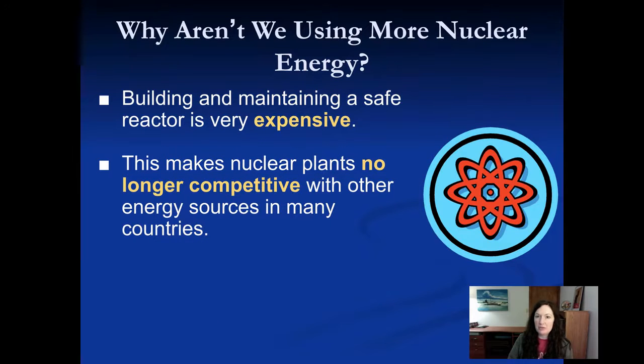So, why aren't we using more nuclear energy? The main reason is that building and maintaining safe reactors is very, very expensive. And it makes nuclear plants no longer competitive with a lot of the other energy sources that we have. We recently in Ohio had a nuclear bailout bill. It had all sorts of scandal with it. There was a bribery scheme and so on.